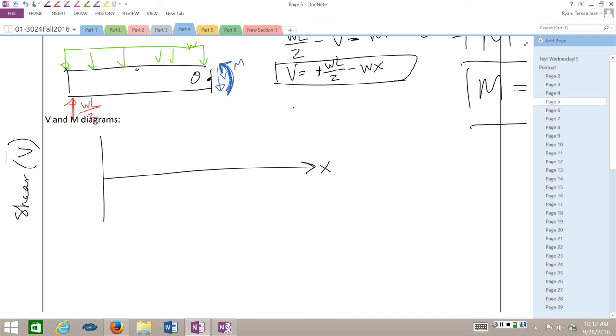So where does it start? It starts at plus WL over 2. And is it going to go uphill or downhill? Downhill with a slope of W.